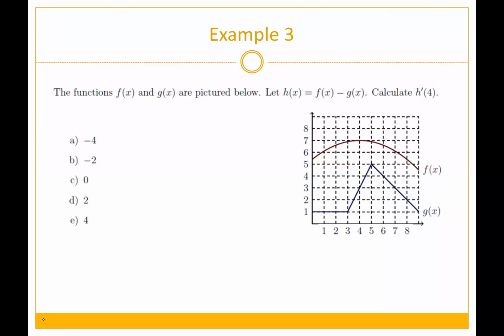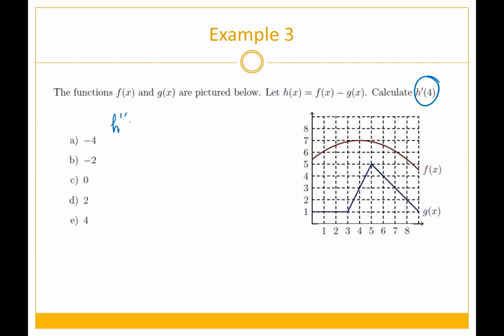Calculate h prime of 4. It's a strange one, but a very interesting one to try, because if you understand the concept, it's actually pretty easy. So we're trying to calculate h prime of 4, using the definition of the derivative of a function at a point. Here that point is 4.